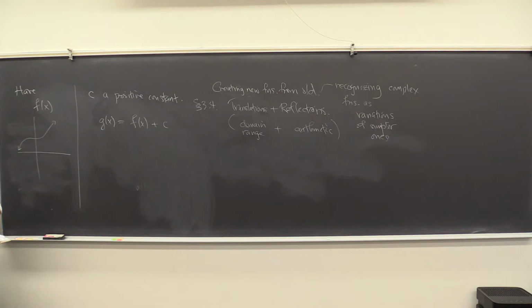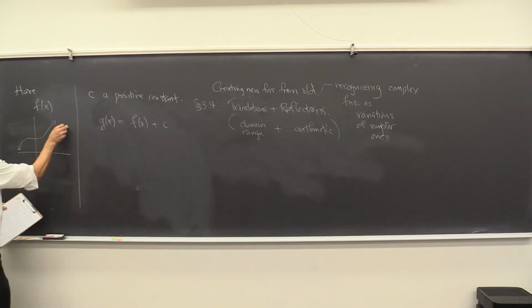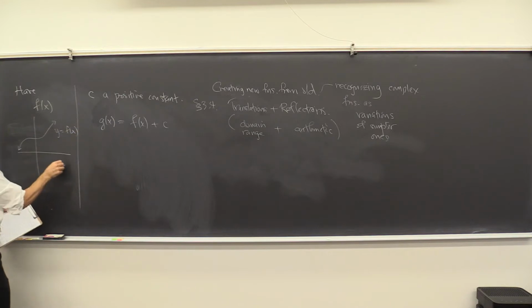Take 10 seconds and draw what the graph of g would look like on this same graph. If this is the graph of f, so this is y equals f of x, what does y equals g of x look like here?